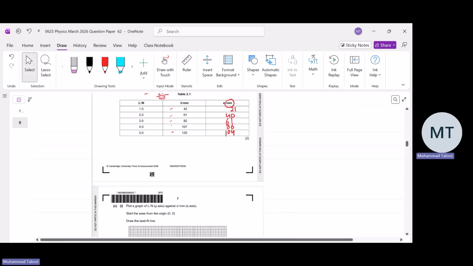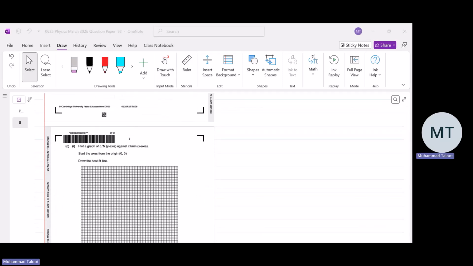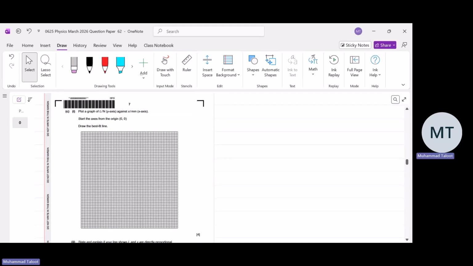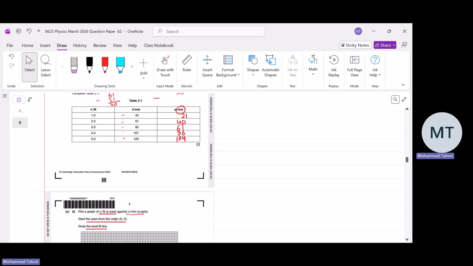I think the table is here, so a graph question will be very much possible. It is going to be given to you. Anyhow, plot a graph, load in Newton on the y-axis, x on the x-axis, start the axis from the origin, draw a best fit line. Okay, let's do this.